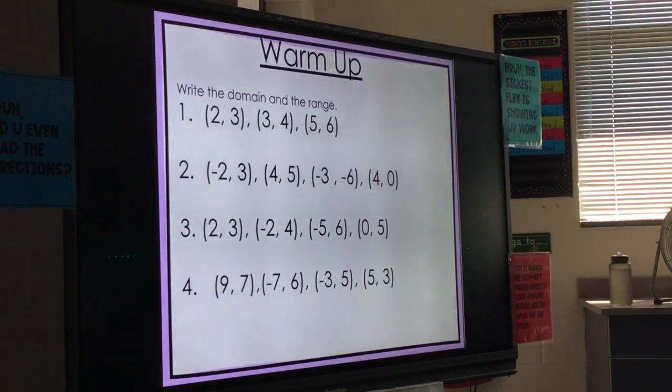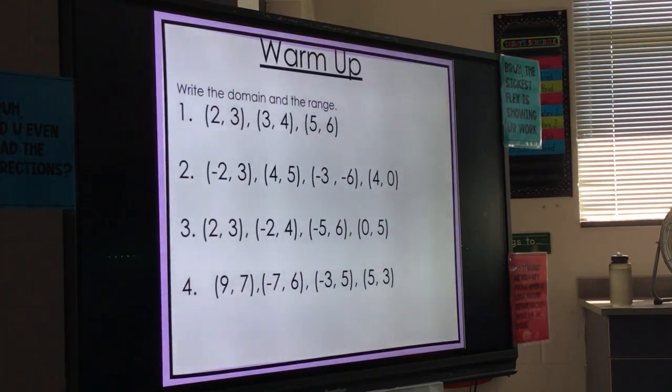All right, so let's do the first one since clearly we have left our brains at home today. So all the ones that are a X value. So what are those? So the X values, what are they? 2, 3, and 2, 3, 5.